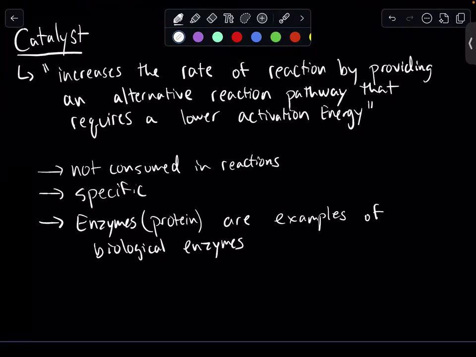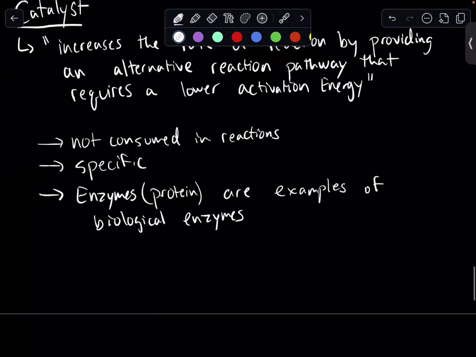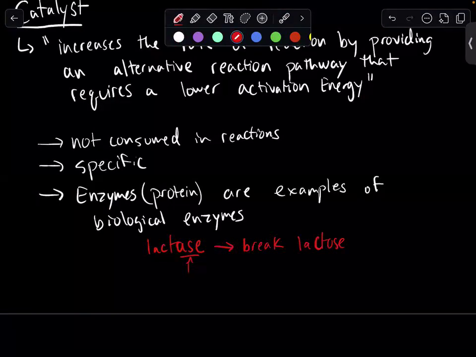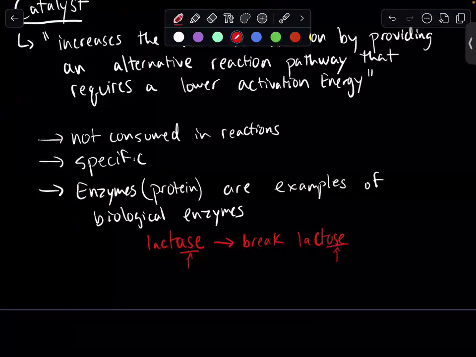For example, lactase is the enzyme that breaks down lactose in milk. Lactase is an enzyme. It helps break down lactose. Generally, biological enzymes are noted by the ending ASE, just like sugars are usually noted by OSE.